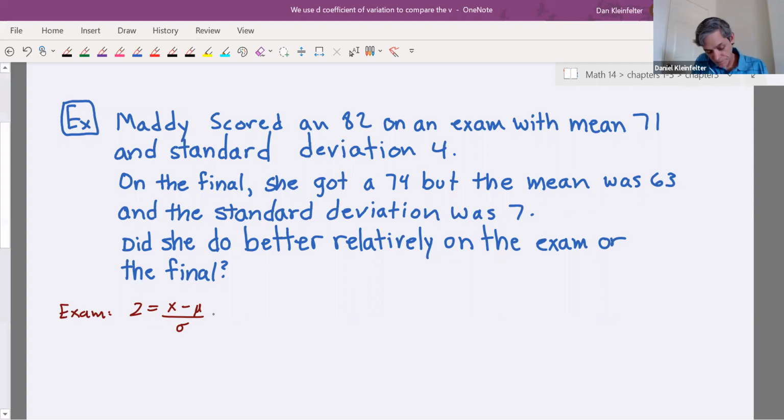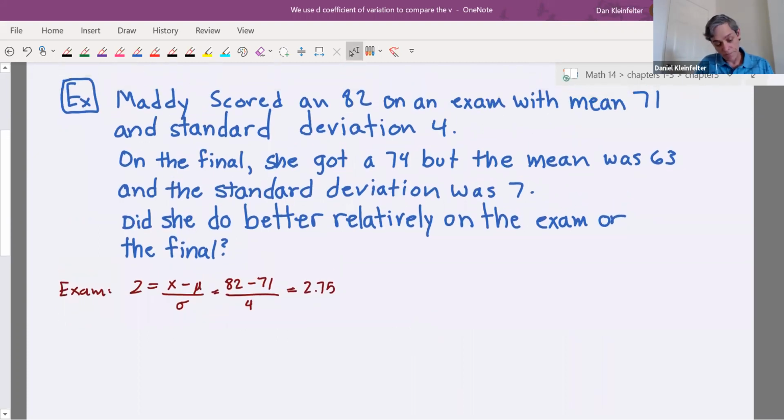All right, so she scored an 82. The mean was 71. The standard deviation was 4. Okay, so then 11/4 is 2.75. So 2 3/4 standard deviations above the mean.